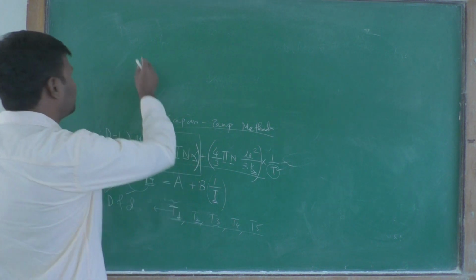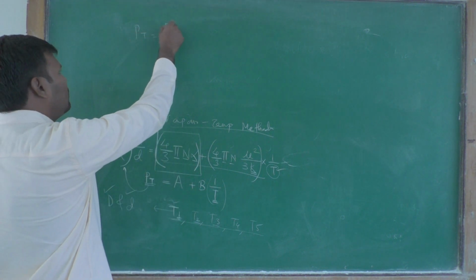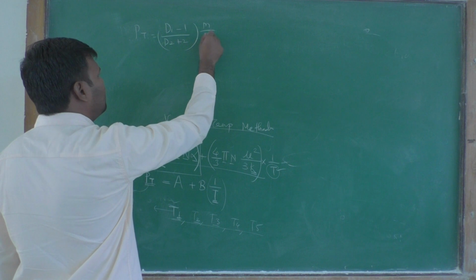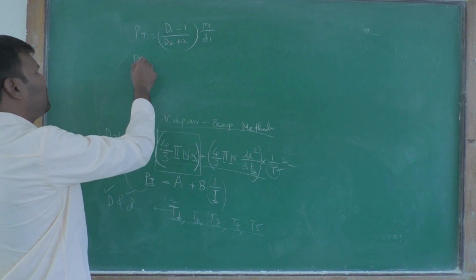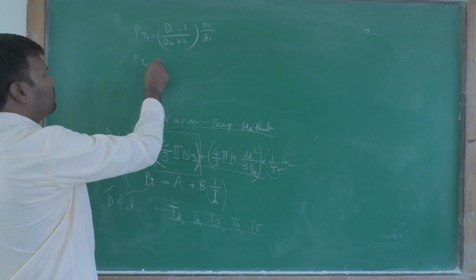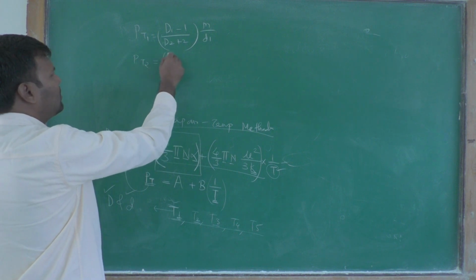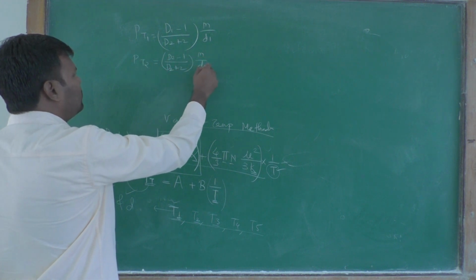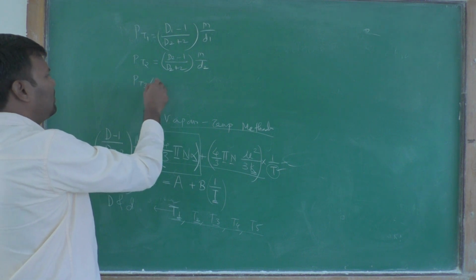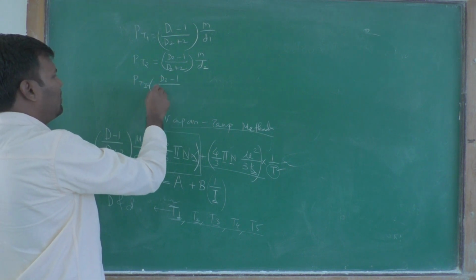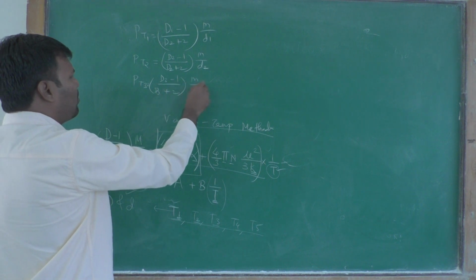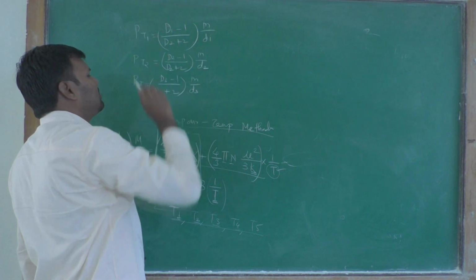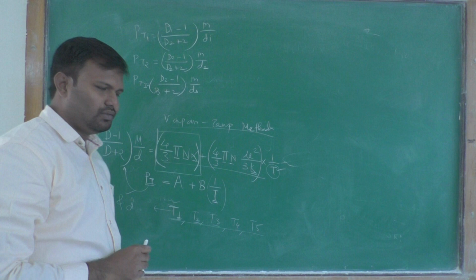Suppose at temperature T1, we find PT1 is equal to (D1 minus 1)/(D1 plus 2) times M upon D1. Then the second molar polarization at temperature T2 is (D2 minus 1)/(D2 plus 2) times M upon D2. Like that PT3 is (D3 minus 1)/(D3 plus 2) times M upon D3. Every time the density changes, and the PT values also change.